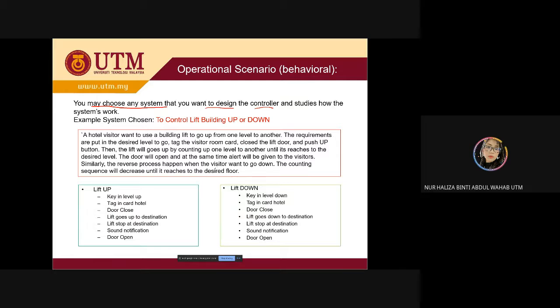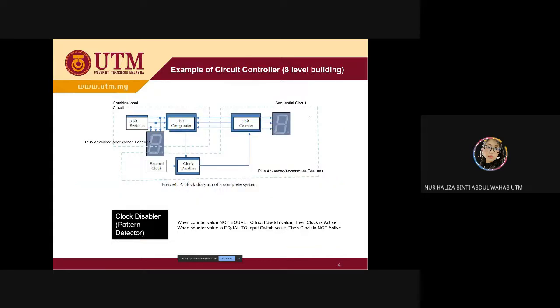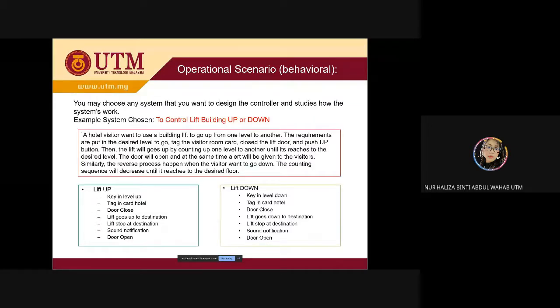Let's say for a lift, you are the one to justify how many levels you have. Don't make it just one or two levels, that's too easy. In this example, you can see it goes up to 8 levels. So you need to mention in your report that this lift is for a building with that many levels.